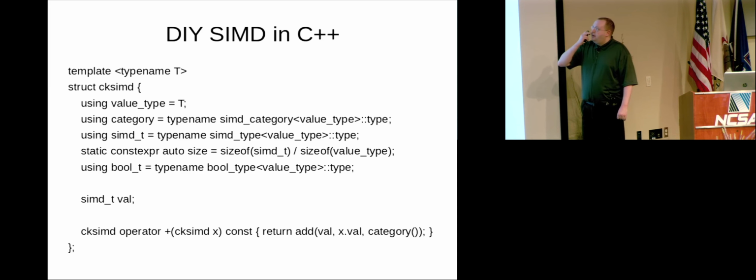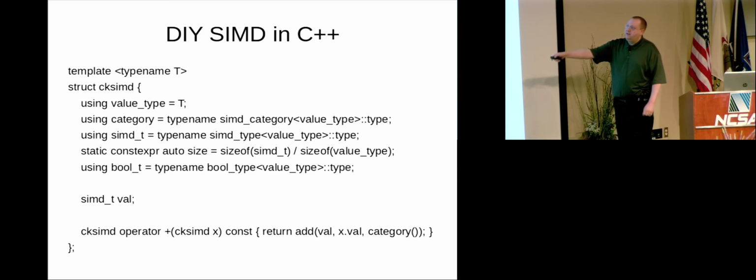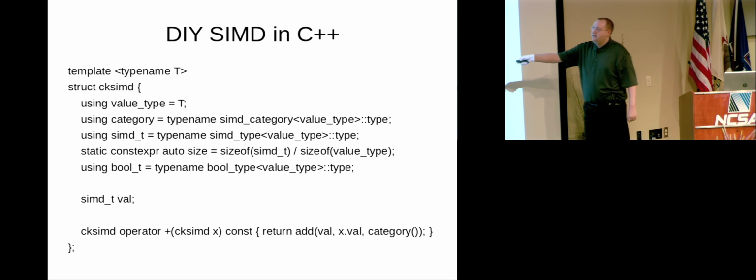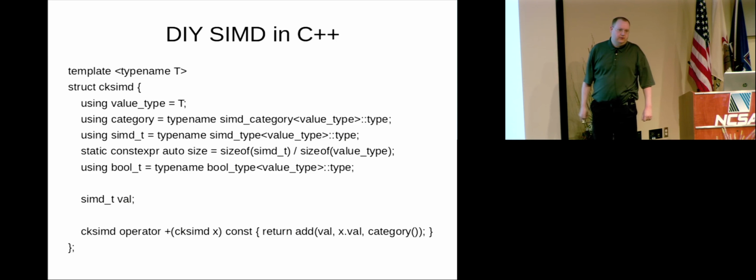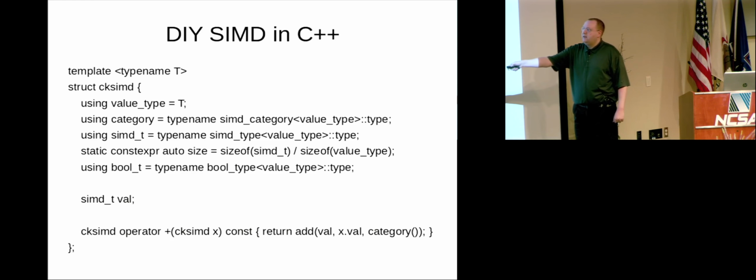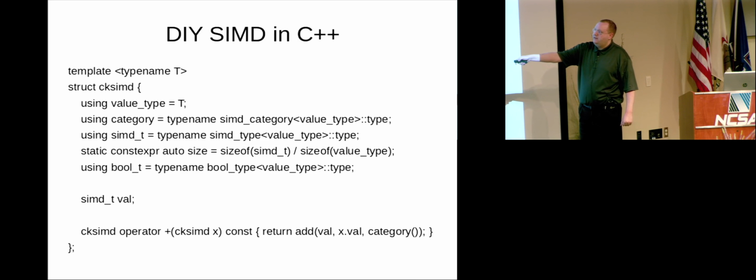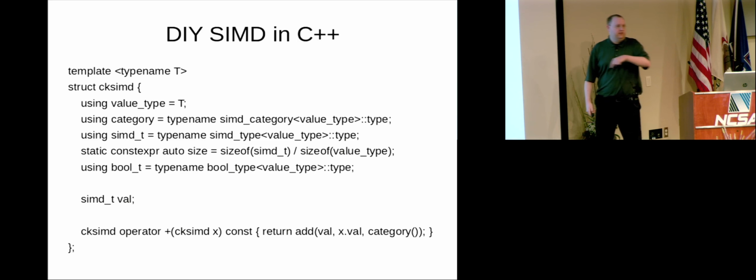So here it is. This is the bare bones of what you need, essentially. So just a template type to take float or double, right? And so we save that away. So this is a little type here. A category comes from a type trait that tells us what kind of SIMD we're using. Are we using AVX, SSE, KNL, all of these things? The SIMD type here is the actual compiler specific type.